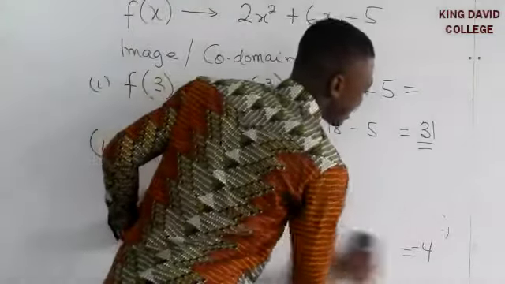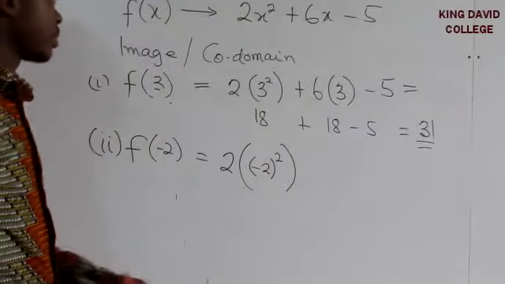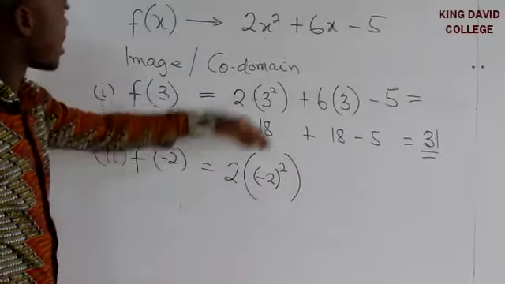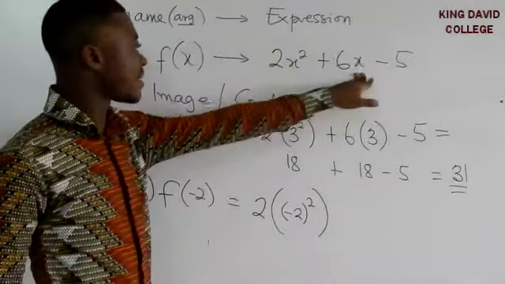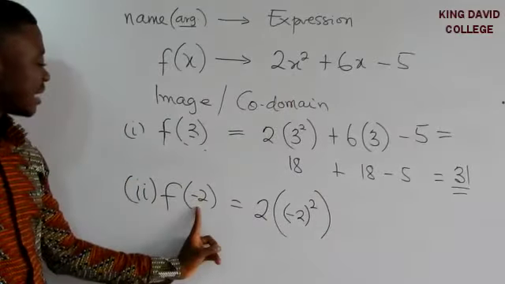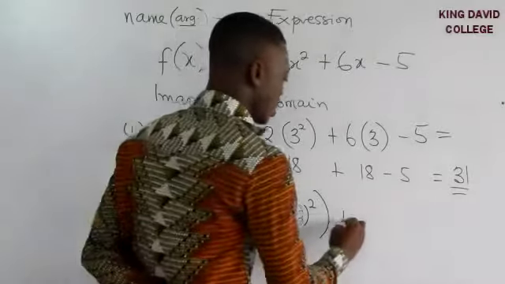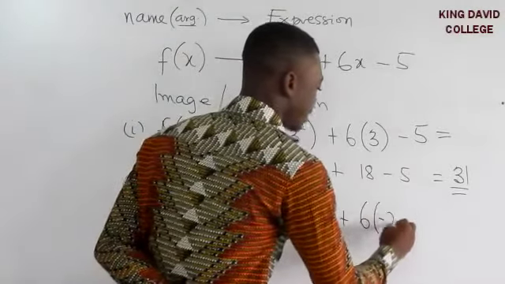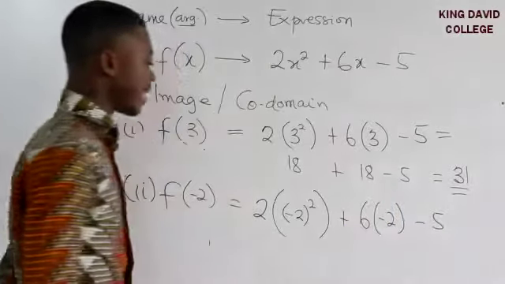So the rest, the idea simply goes on like how it used to. We have a 2x squared taken care of, and then we have 6x, so we just put the -2 into it. Then we are having 6 times -2, then you bring your constant, -5.